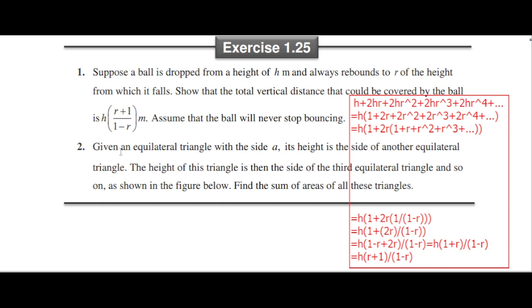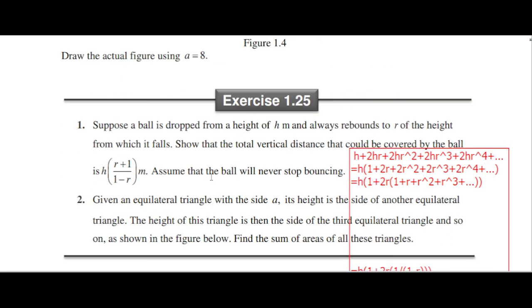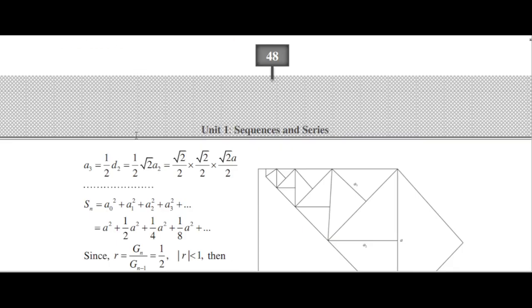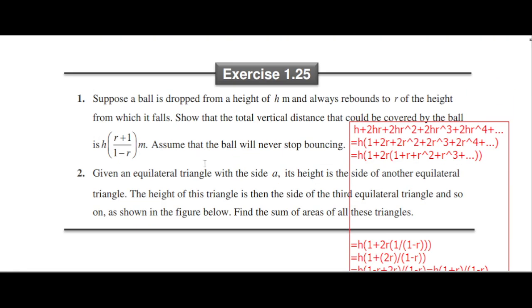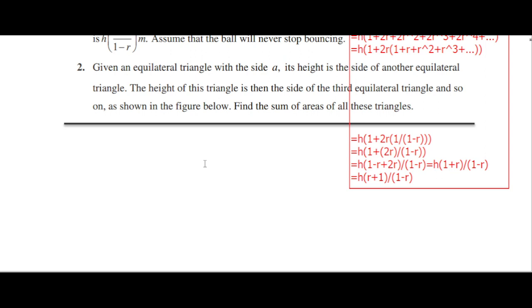Here we have given an equilateral triangle with the side A. Its side is the side of another equilateral triangle. So this is somewhat similar to this question. To do this, we need a graphical explanation. So we can express this figuratively. So do it by your own.